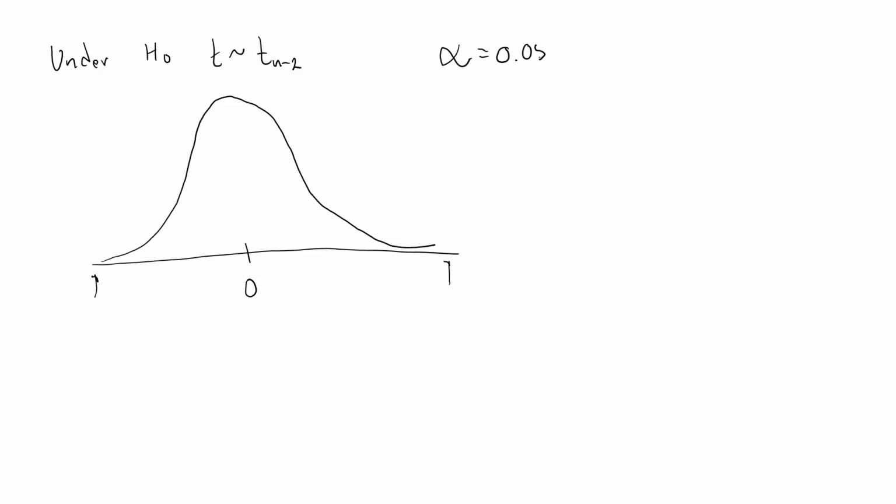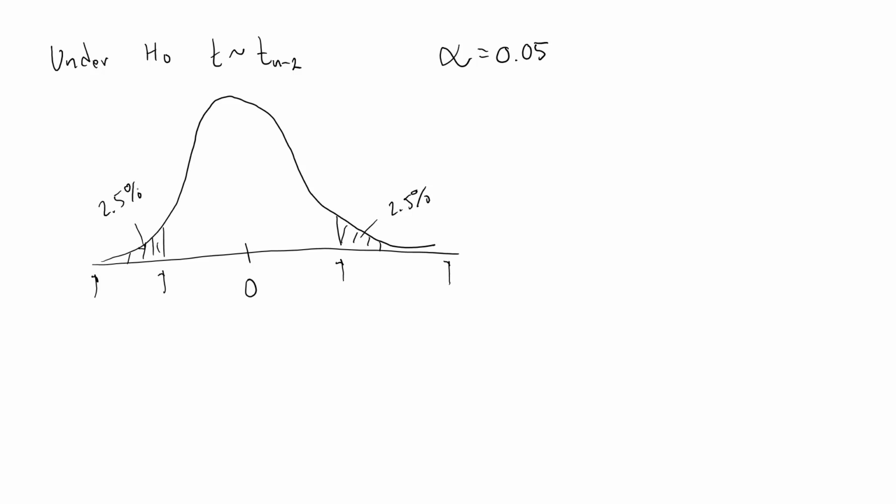If we decide that to be, let's say, 5%, then we are done, because then all we have to do is to find this value and this value such that the area of the tails is in total 5%, 2.5 here and 2.5 here.